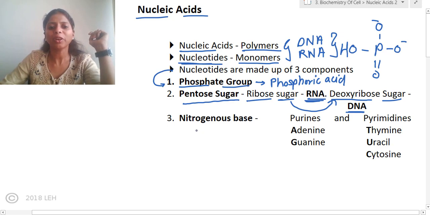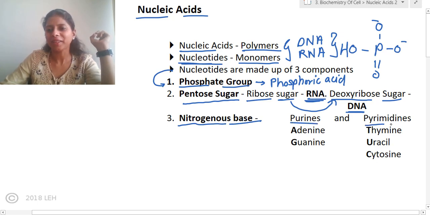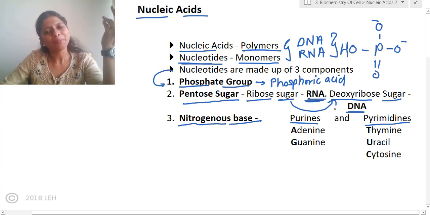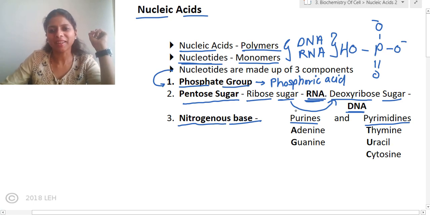Then the third component of nucleotide is nitrogenous base. Nitrogenous bases are of two types, purines and pyrimidines. Purines are single ring or double ring? Simple name, complex structure, means double ring. Okay, 2 rings.